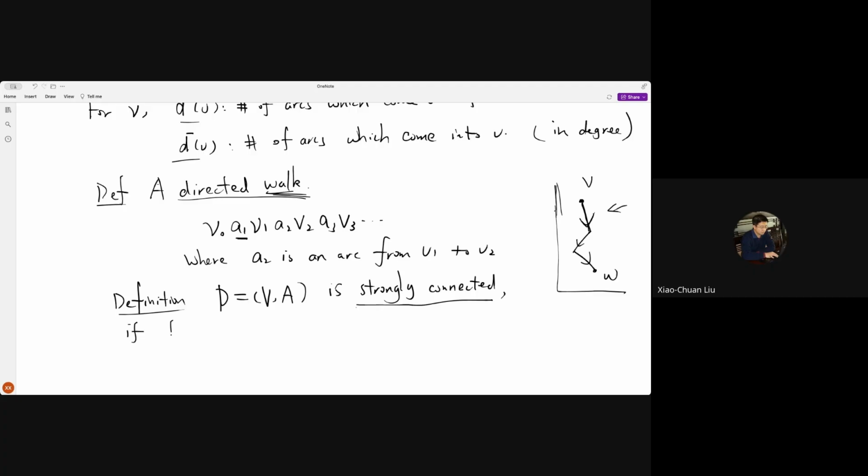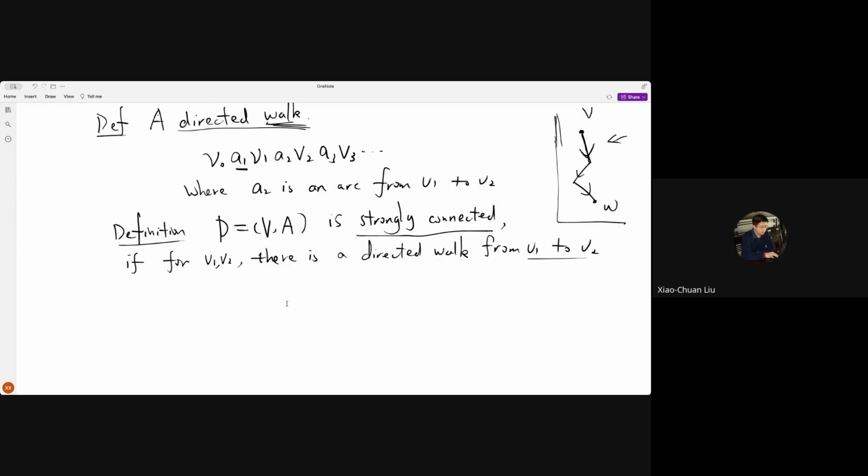If for any choice V1, V2, there is a directed walk from V1 to V2, then we call this digraph strongly connected.